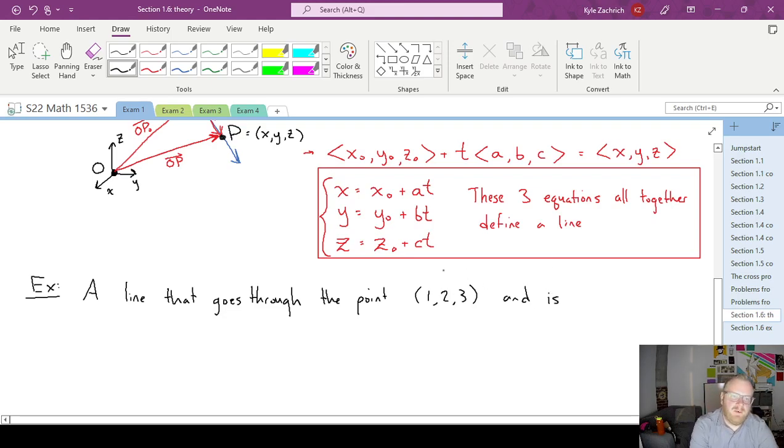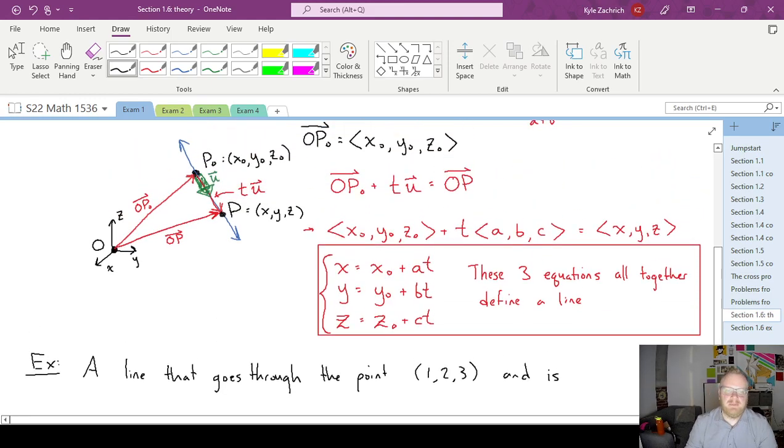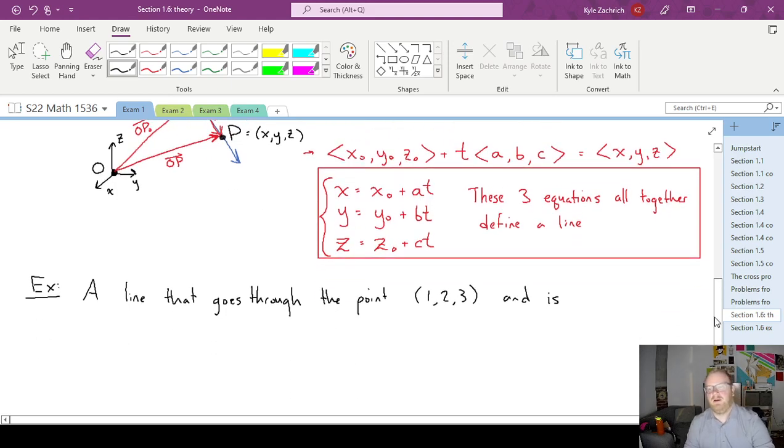I could say this a couple ways. I could say the line travels in the direction 4, 5, 6, or that it's parallel to the vector 4, 5, 6. So I'm going to use that language just to give you that direction.